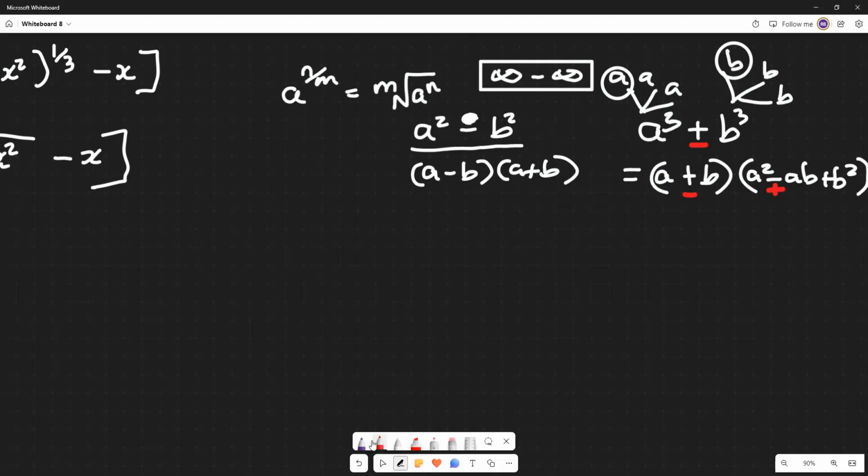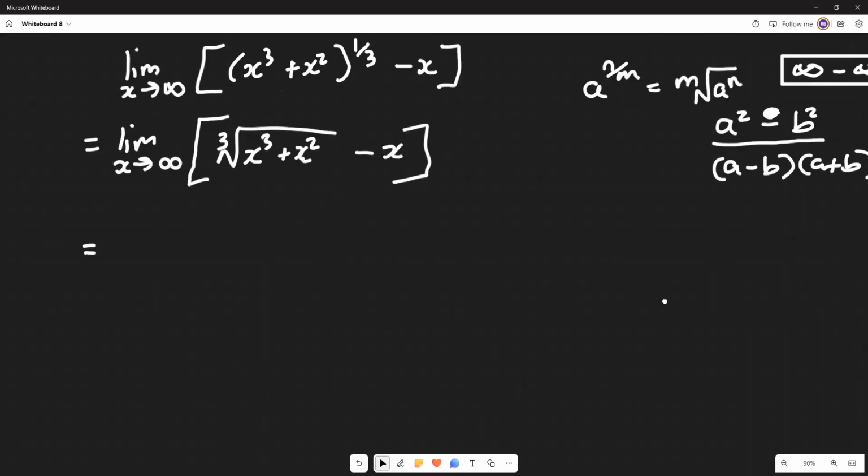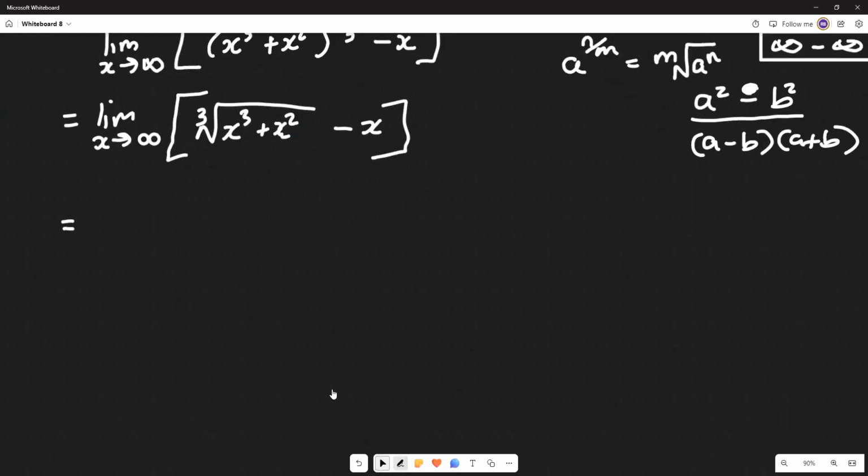Now let's go back and see how we're going to rationalize this. Because I have a cube root, I have to use cubes. I'm going to call this my a, and then I have minus my b, so x is my b.